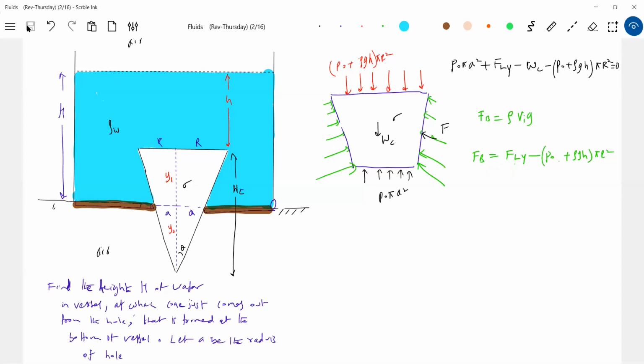So what do I suggest is, here we'll assume a strip. First we'll calculate force on this one, only due to the slant part.